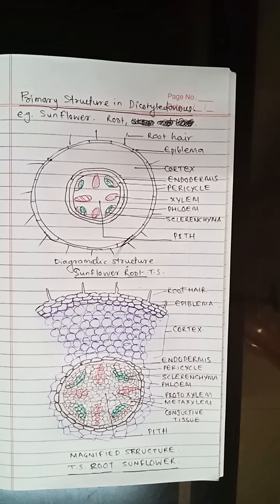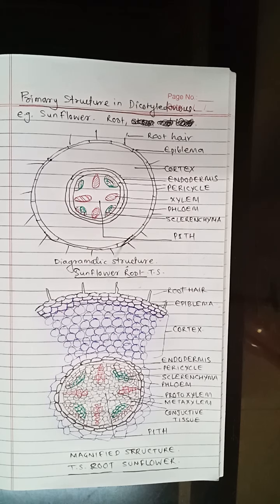The radial thickening is in the form of Casparian strips. Intercellular spaces are absent as it is a single layered structure. Just above the protoxylem and also at other places, some cells of endodermis remain thin walled and are known as passage cells.